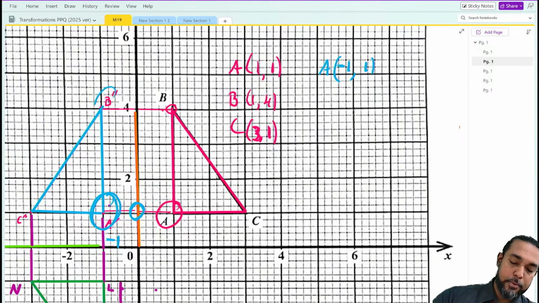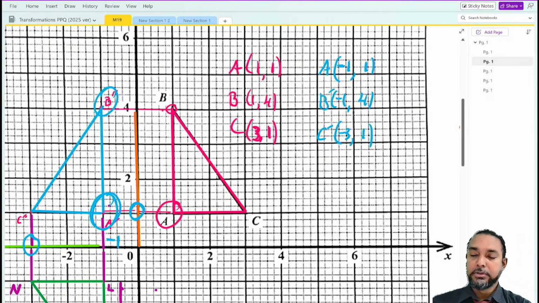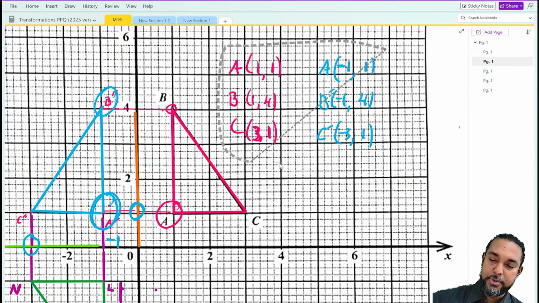What about B? B's x coordinate is now also -1, right? But the y coordinate stays the same as 4, right? What about C? C is now -3 but +1, right? Okay. Maybe I shouldn't have drawn one of the grid lines. That might have been a bad idea. All right, so we'll just pull them across, right?